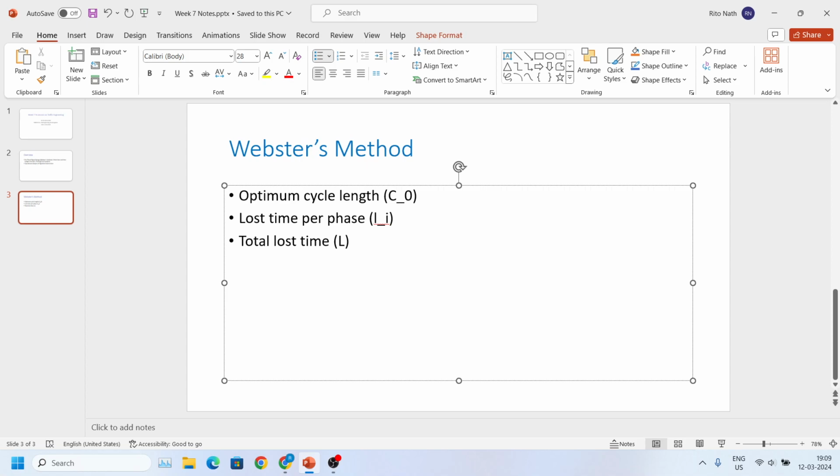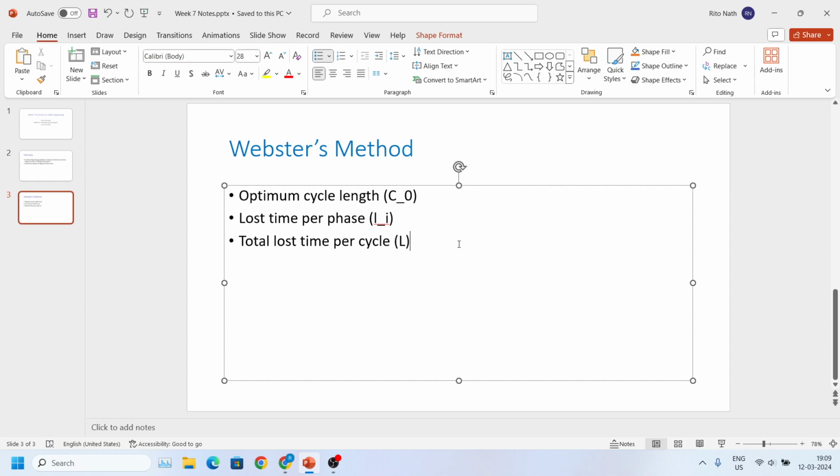For optimal cycle length, C0 in seconds, you need information on the total loss time per cycle, which is L. And then you need the maximum value of the ratios of approach flows to saturation flows for all lane groups using phase i. So this Yi term is important here.